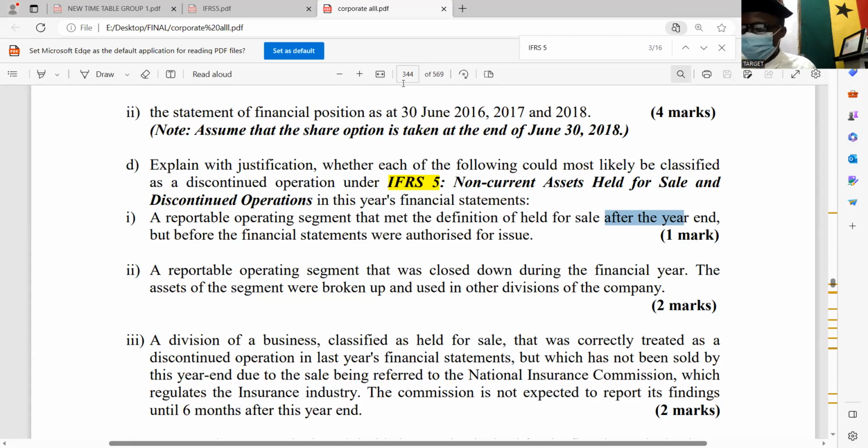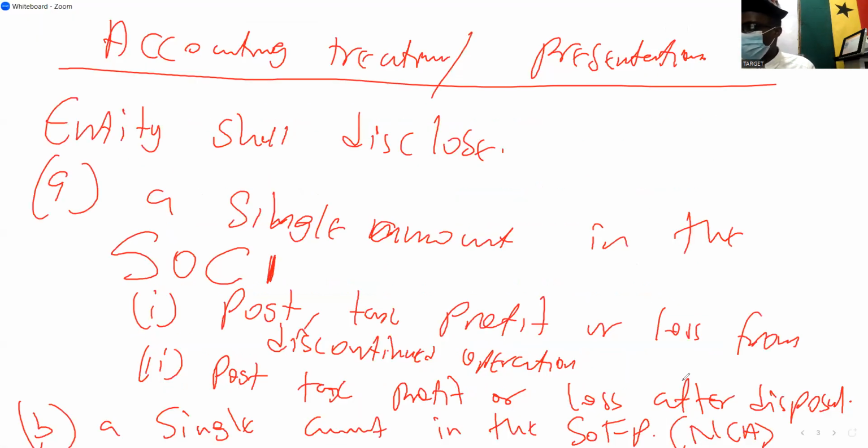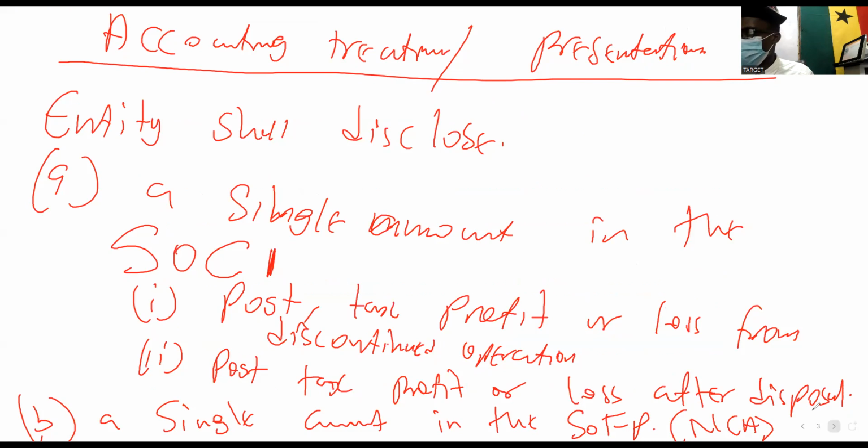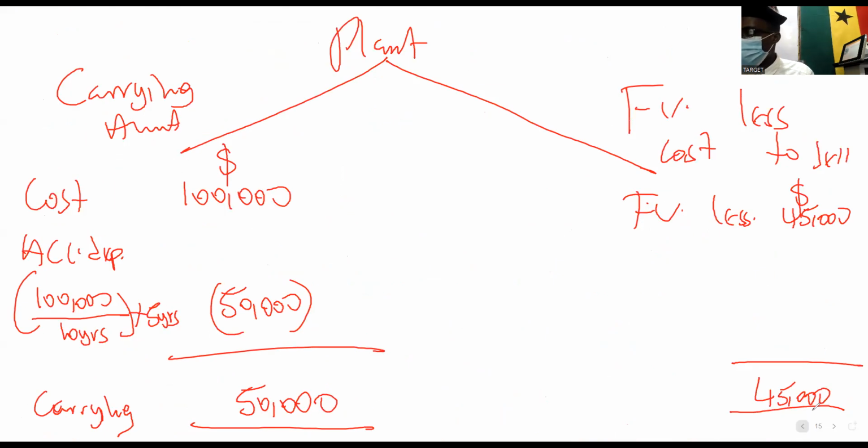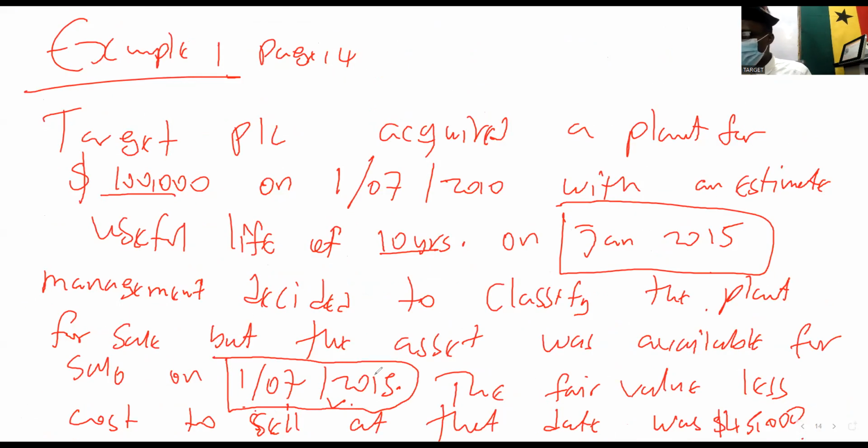But the question I said, just relying on the question we solved, let me go there. The question: you see, they started it somewhere in January, but they made the definition in July. But all of them are within the year, so they have no problem.